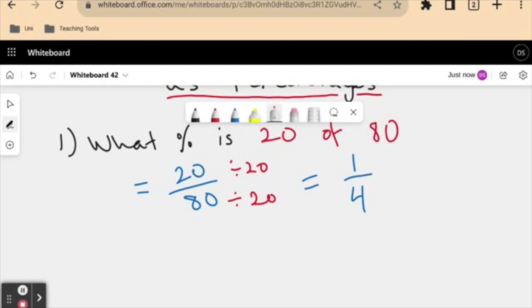So how do I get this into a percentage? Well, I just need to get this denominator to 100. And I've started you off with an easier one because this is a nice round number that we can get to 100. We can do this by multiplying the denominator by 25. Four lots of 25 give us 100. So we'll also have to multiply the numerator by 25. So let me actually write 1/4 as a percentage.